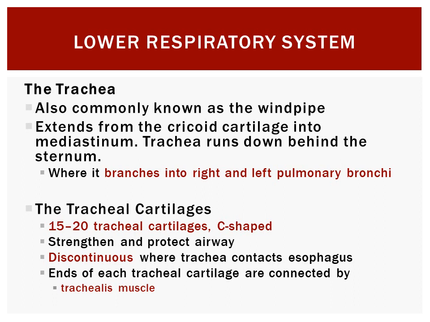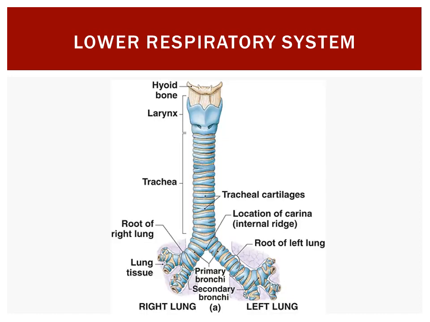But why are the tracheal cartilages made in a C shape? Why not an O shape? The cartilage is incomplete where the trachea contacts the esophagus. I will show you the image of the C shape of tracheal cartilages after this.